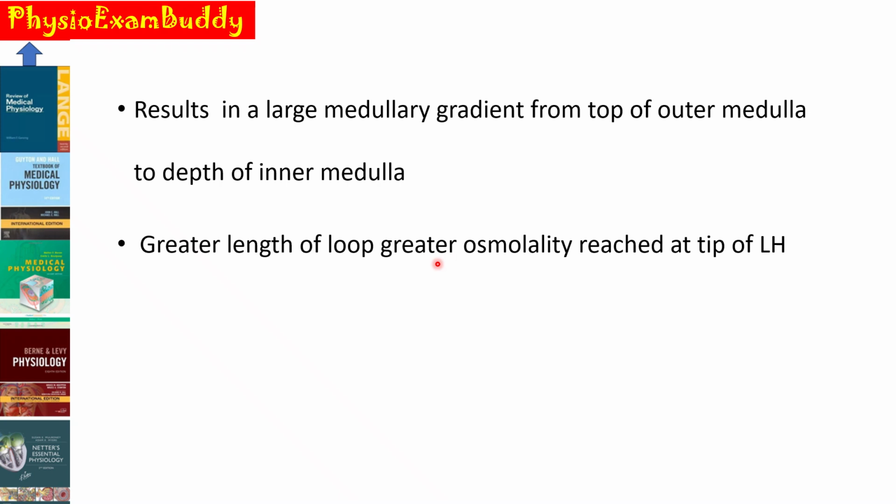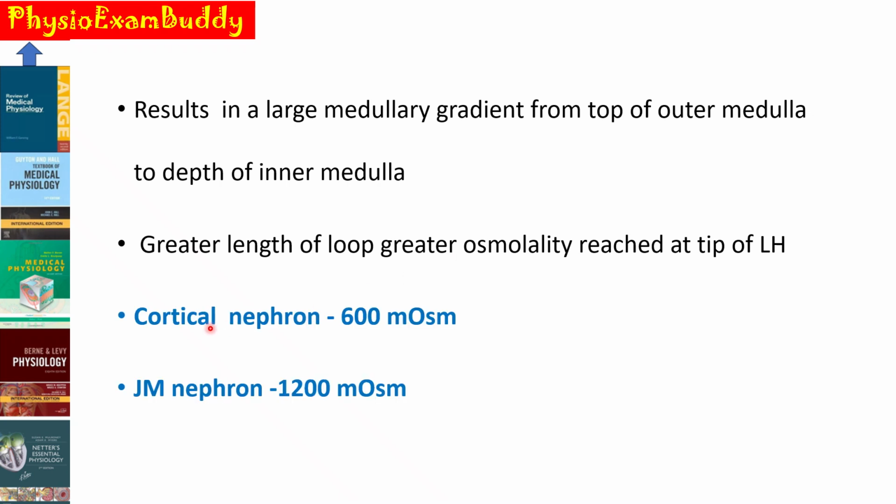So in case of cortical nephron, the osmolarity attained at the tip is around 600 milliosmoles per liter. And you all know that the juxtamedullary nephron has a very long loop of Henle, and it will enter deep into the medulla. So in the case of juxtamedullary nephron, the osmolarity at the tip of the loop of Henle can even reach up to 1200 milliosmoles per liter.